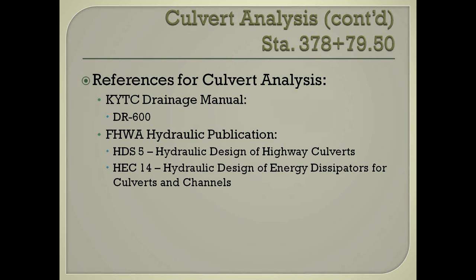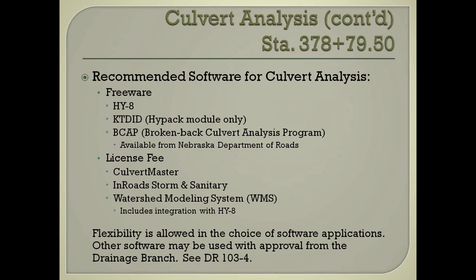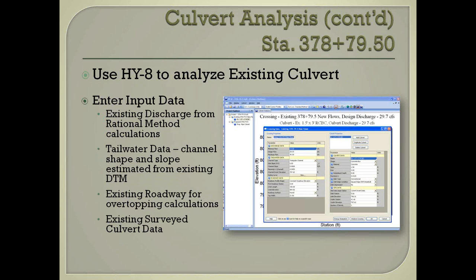we go to the drainage manual for doing culvert analysis, and there are several software packages we can use to do this design. The sheet recommends those. We really will accept just about anything that we can approve, but here are some examples. We're going to use HY8 for this.